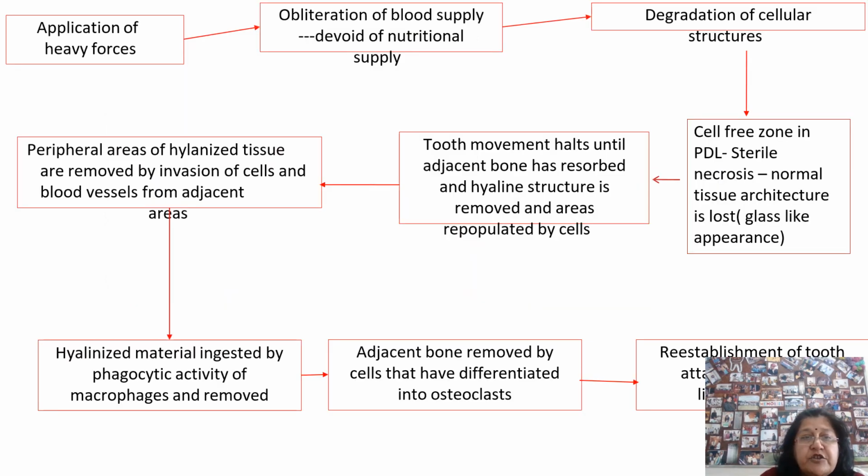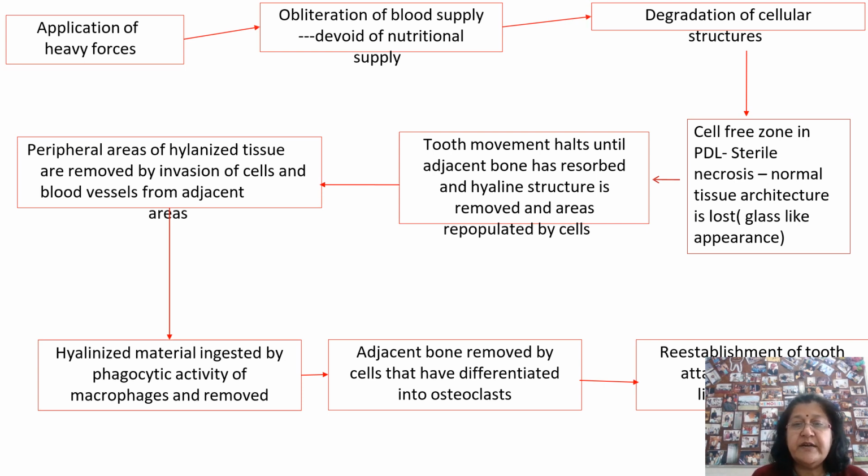So, on the application of heavy forces, there is obliteration of the blood supply, and so there will be no nutritional supply to the tissue. There will be degradation of the cellular structures and a cell-free zone in the periodontal ligament, due to sterile necrosis. The normal tissue architecture is lost and there is a glass-like appearance, hence the name hyaline, or hyalinization takes place.